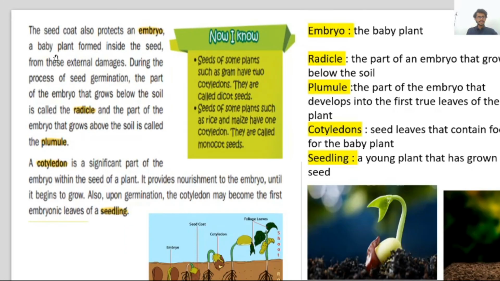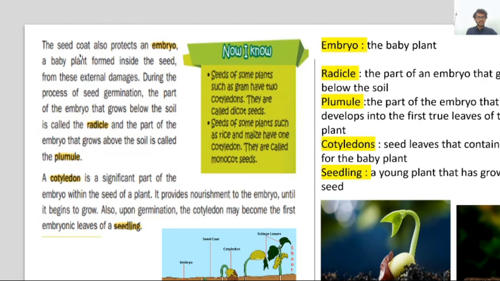The seed coat also protects an embryo, a baby plant formed inside the seed, from these external damages.